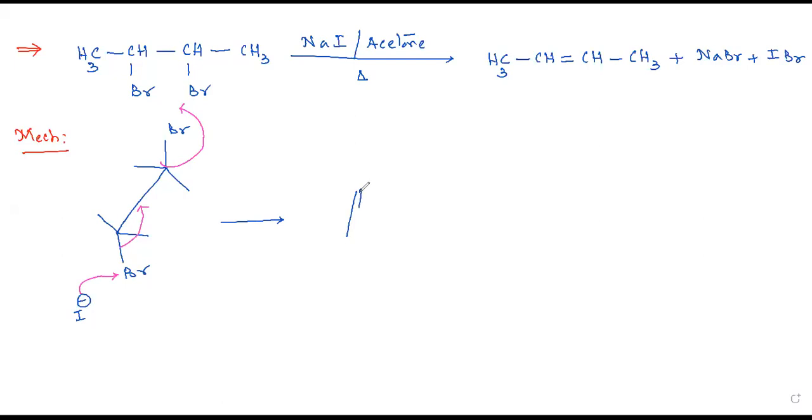We get our product, 2 CH3, then this CH3, plus, of course, I minus, Br plus, and the other Br in the form of Br minus. This is with sodium iodide in acetone. Even the threo and erythro case can be taken here.